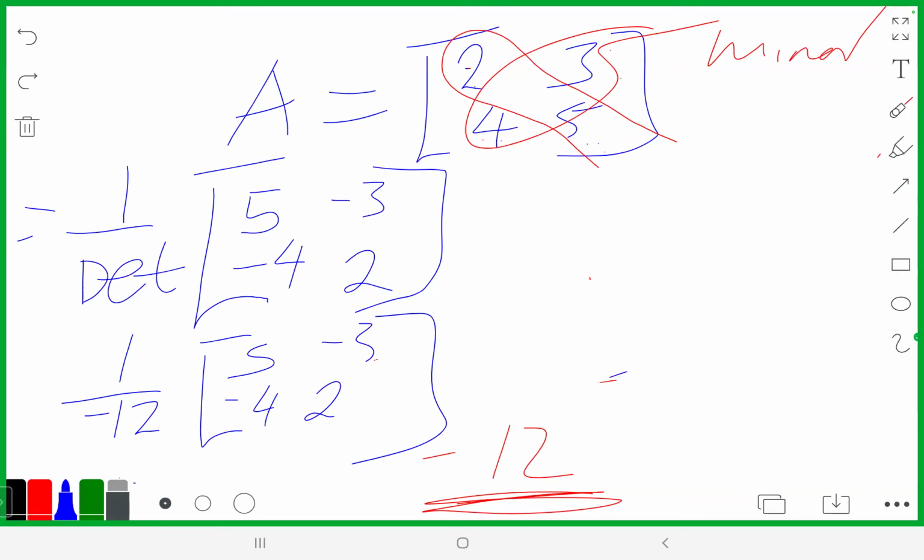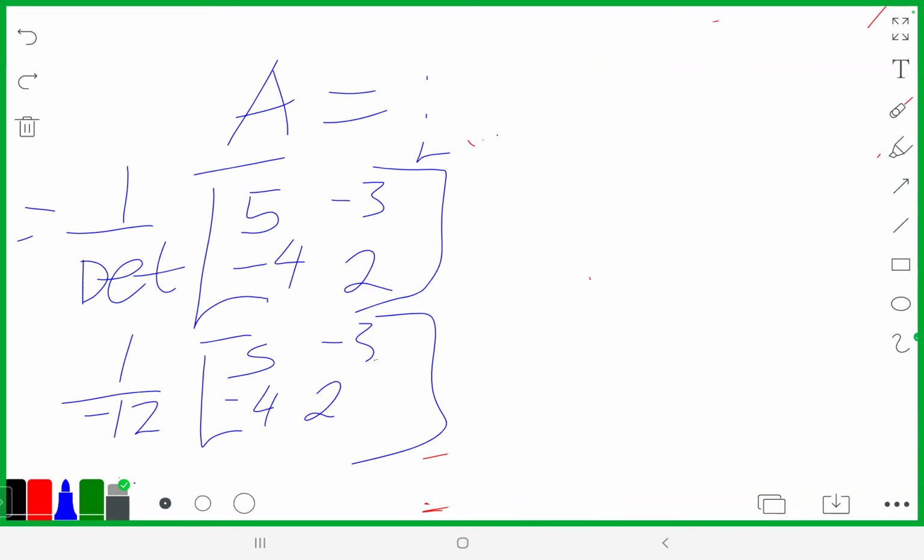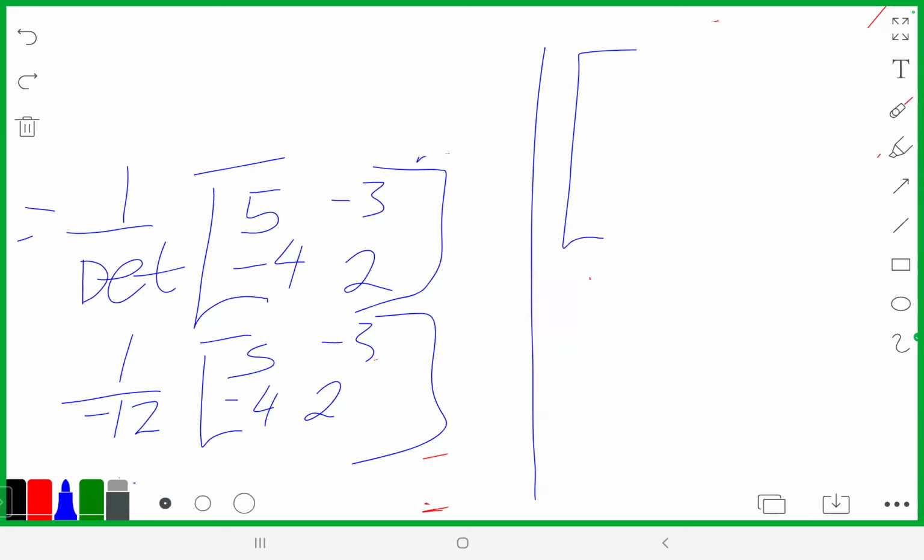Then from here, what are you going to do? Okay, let's move on and see. Let me erase from here so that we can have enough space. What you're going to do from here is very simple. You're just going to start multiplying, expanding all the entries by 1 over negative 12. So 1 over negative 12 times 5.